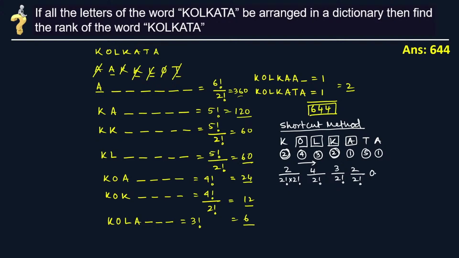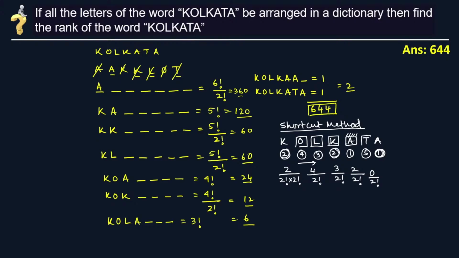Nothing. But it will be divided by factorial 2. Why? Because 1 and 1. I am considering this A. So the number assigned to this A is 1. And we are having 1 again at this side. So it has to be divided by factorial 2. But there is no number which is less than 1. That is why I have considered that thing as 0.